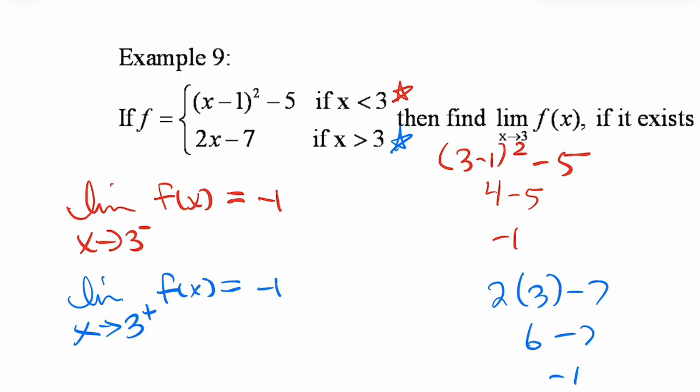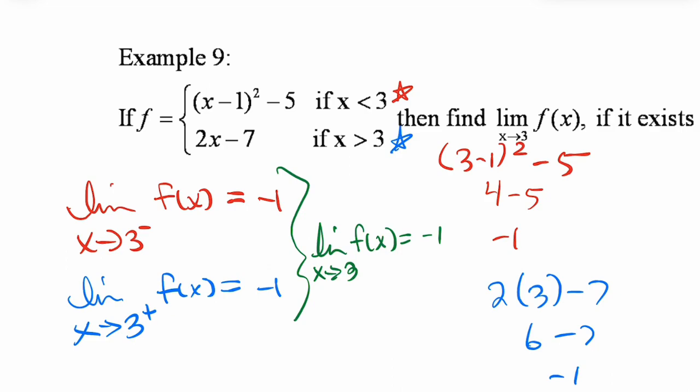I do not care if there's an open circle there. I will care when I'm dealing with continuity, but not when I'm dealing with a limit. A limit is what we are approaching from both directions. So are we approaching the same thing? We sure are. So the limit as x approaches 3 is indeed equal to negative 1.